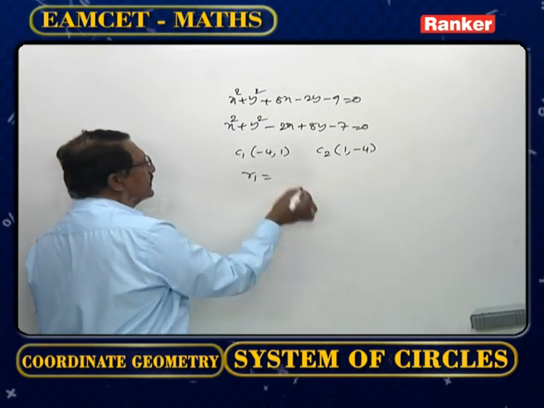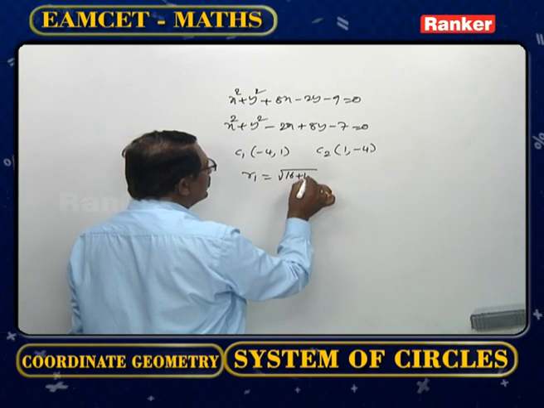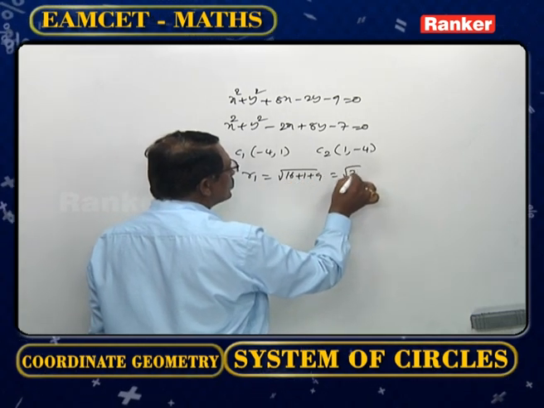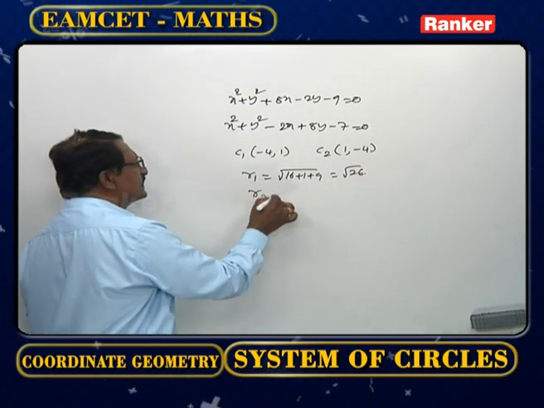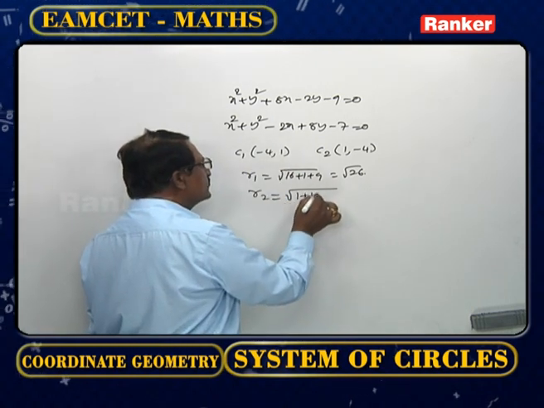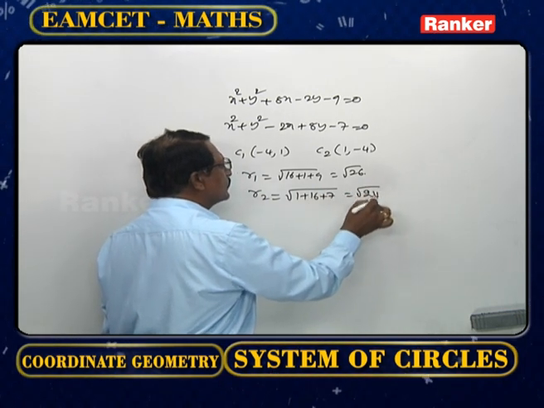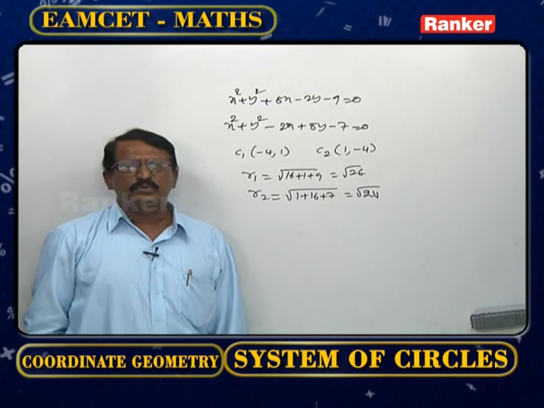The radius of the first circle R1 equals square root of 16 plus 1 minus of minus 9, that equals root 26. The radius of the second circle equals square root of 1 plus 16 minus of minus 7, that equals root 24.